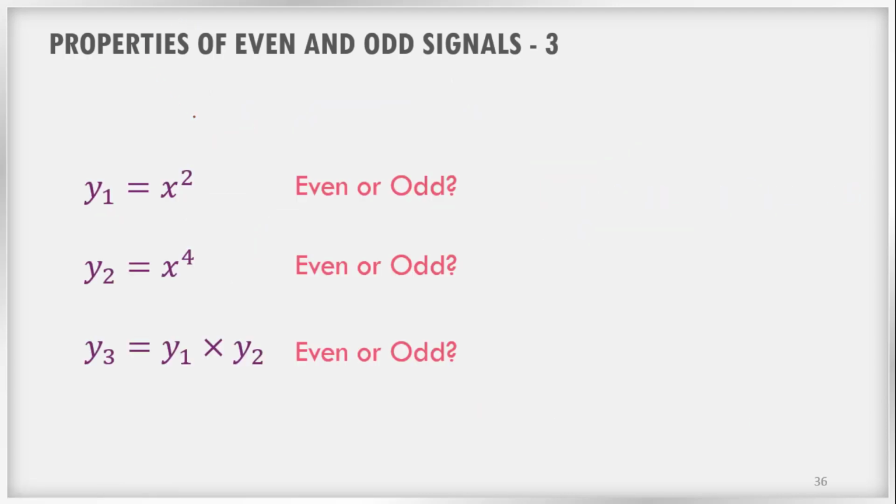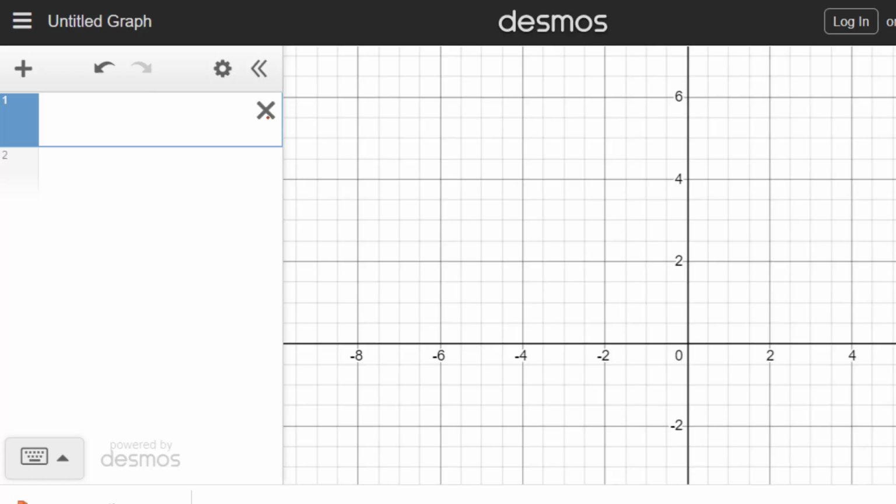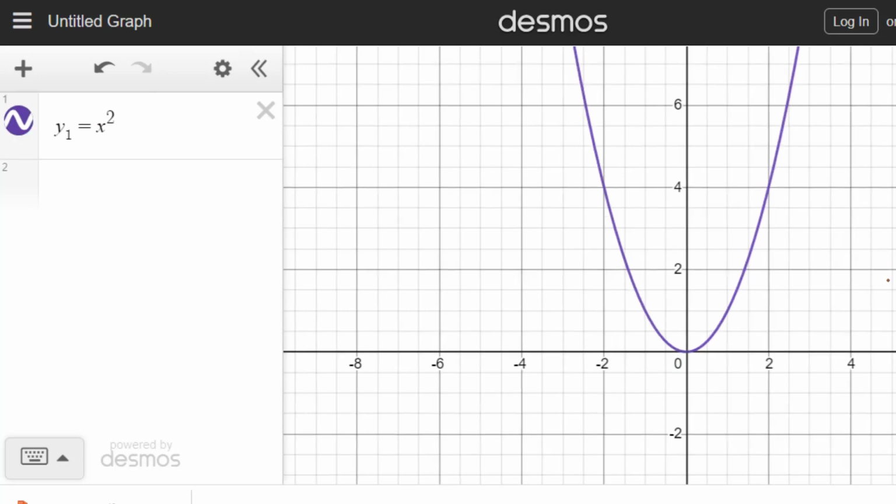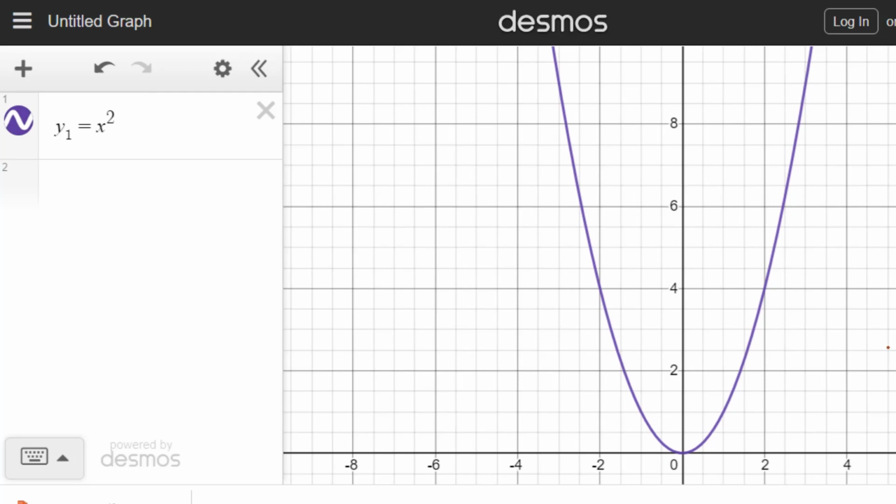Now consider some signals which take polynomial forms, that is x square, x power 4. Whether these signals are even or odd, to understand that, let us go to Desmos and plot those functions. Here y1 is equal to x square. You can see that this particular signal has a vertical symmetry, so this is an even signal.